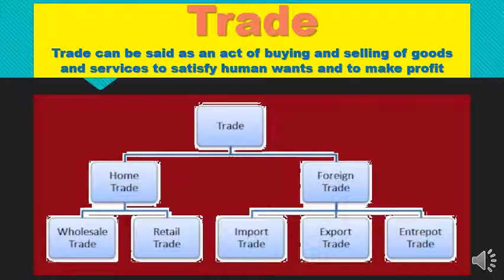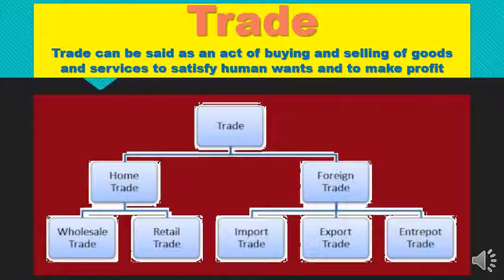While on the other hand, retail trade is a type of trade that makes it possible to buy in smaller quantity from the wholesaler and sell in smaller quantity to the final consumer. Both wholesale trade and retail trade are under home trade.